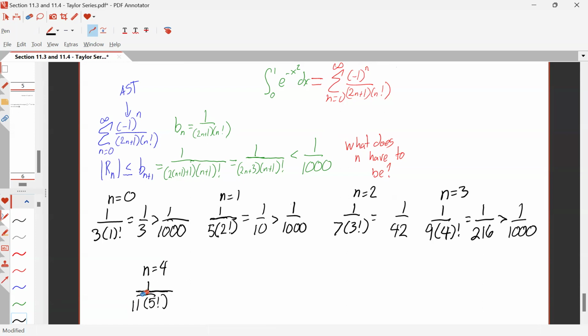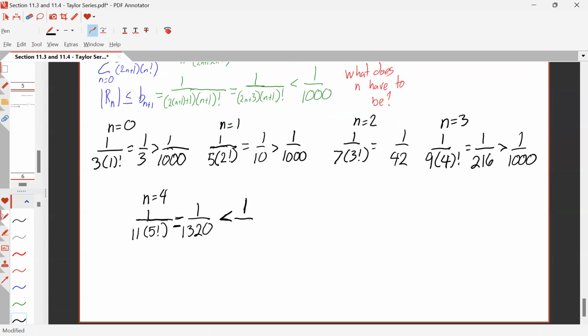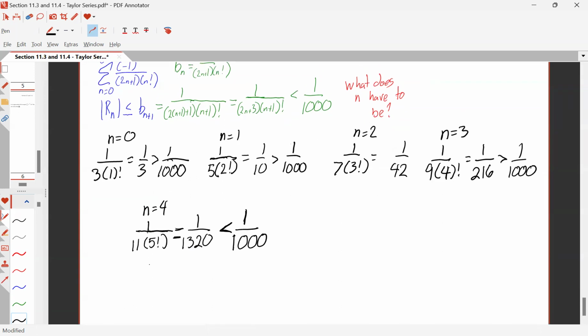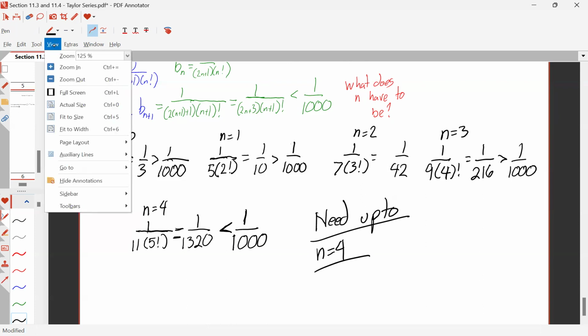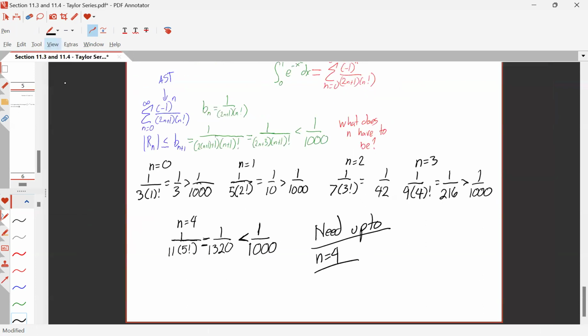Just by estimation, we know that's going to be smaller, but if we actually calculate this out, this is 1 over 1,320. 1,320 is bigger than 1,000, so 1 over 1,320 is smaller than 1 over 1,000. So we need up to n equals 4 for our approximation to be accurate enough.